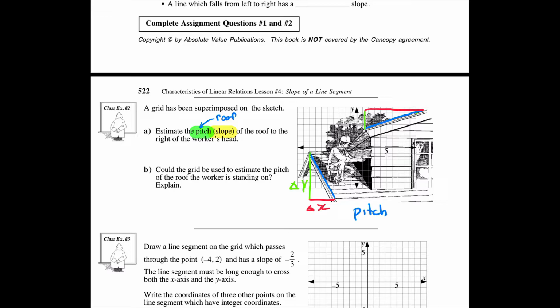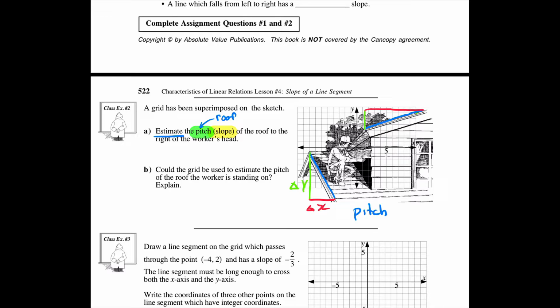All right, so question A says estimate, and I'm glad they actually used the word estimate because there's no real way to determine the exact slope of this roof because of the perspective. You need to be looking at it straight on, and we are not looking at it straight on.